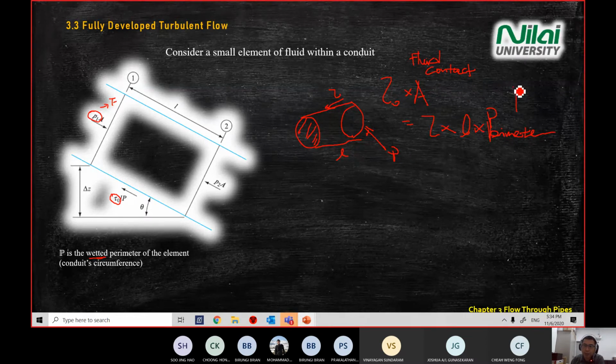Okay, I try to avoid using capital P. I use a very special symbol with a highlighted P here to represent perimeter, to differentiate between pressure and perimeter. Okay, so shear stress times area, you get force also. Force because of the shear.